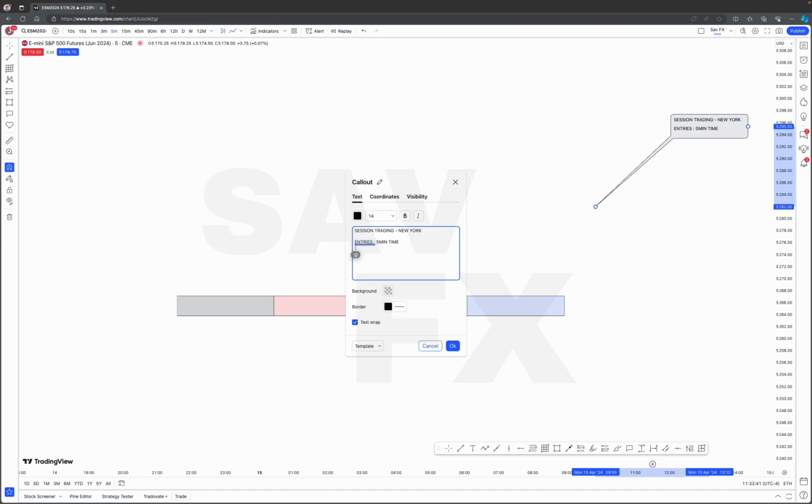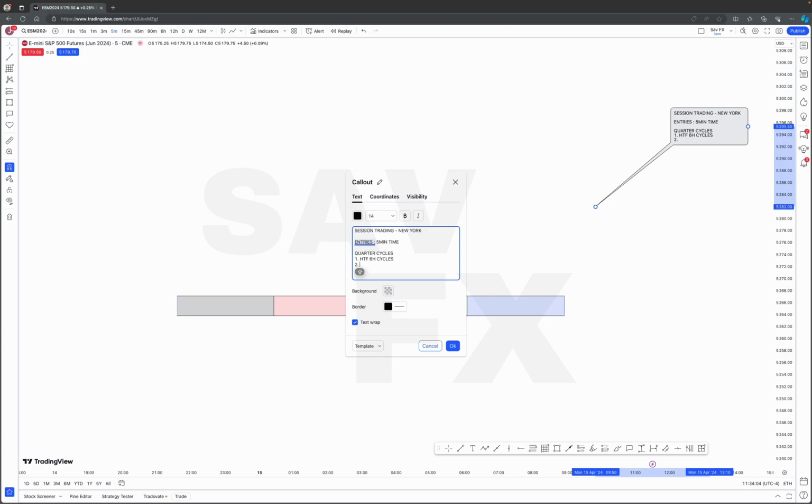Okay, quarter cycles for this. The first one is for higher time frame, meaning session ranges. You need 6-hour cycles.